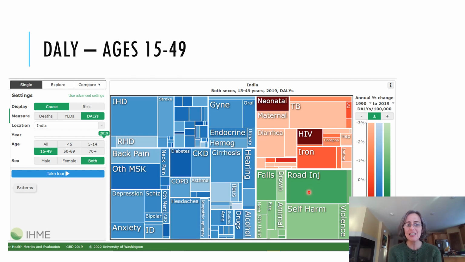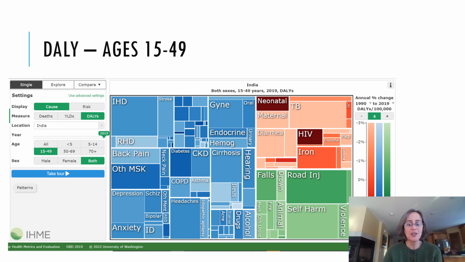So we have relatively safe traffic laws and safe roads and safe vehicles here in the United States, in large part due to laws and regulations. That is not true in other places. So that's an interesting difference that we see there.